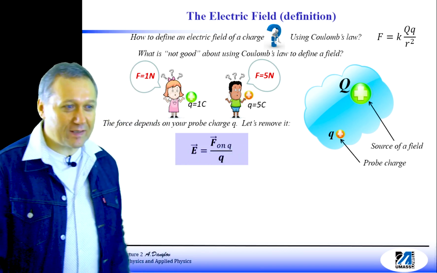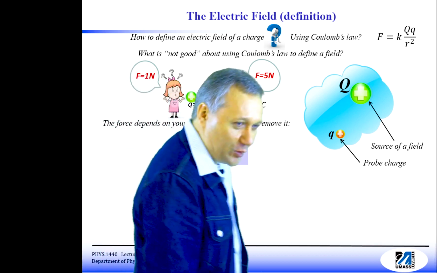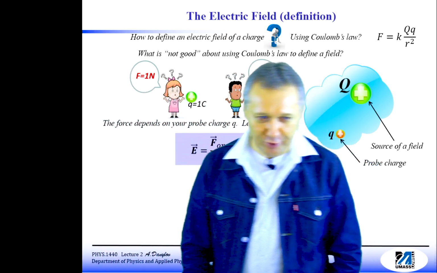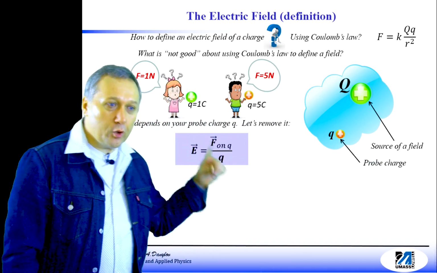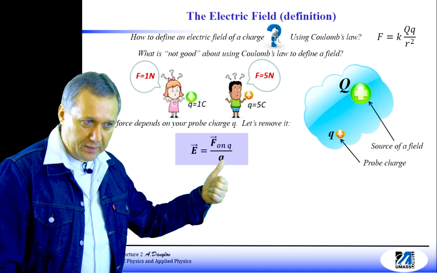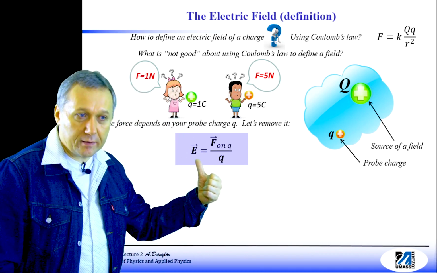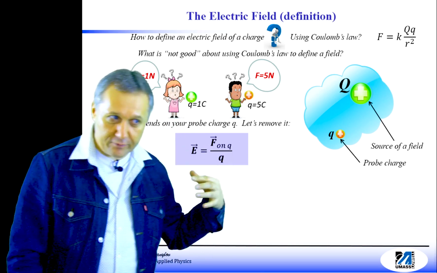Okay, so that's how electric field is introduced, but it's not the whole story. We need to impose some additional restrictions. Which are those? Well, look, electric field, it's a vector. It has a strength and direction. Let's look at the direction. You remember, charges can be positive and negative, right?